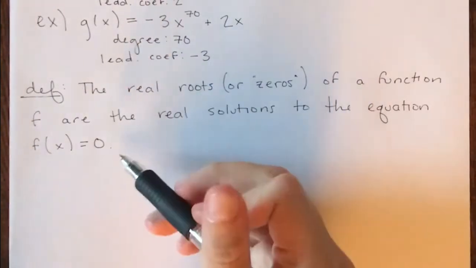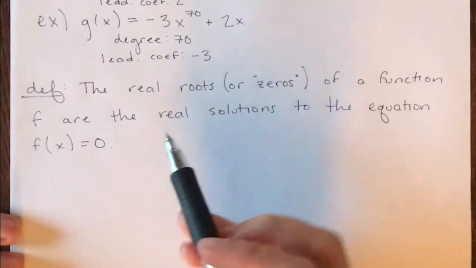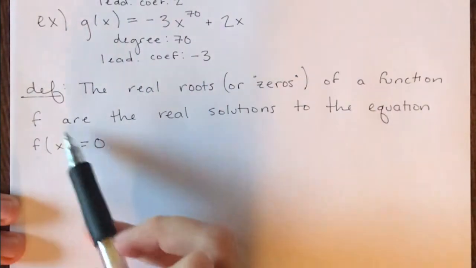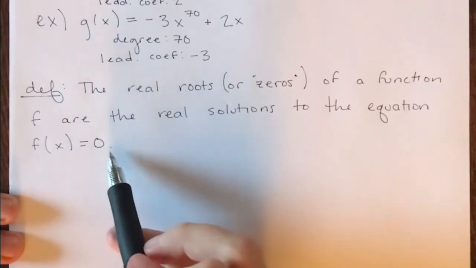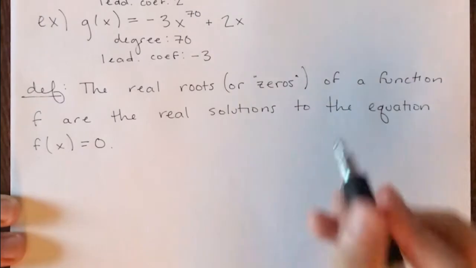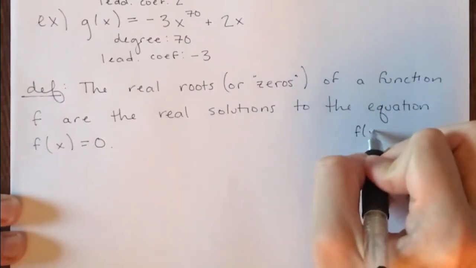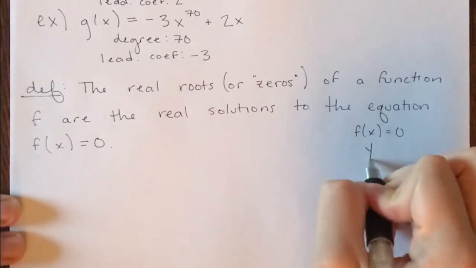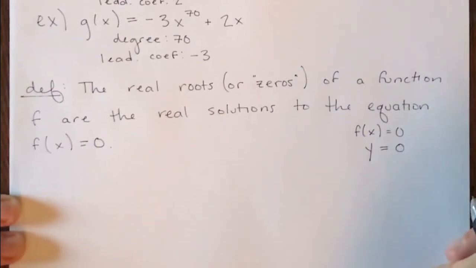So let's think about this a little bit. F of x equals 0 is where the output of our function is equal to 0. Output is associated with y. So this is asking where our function runs into the line y equals 0.